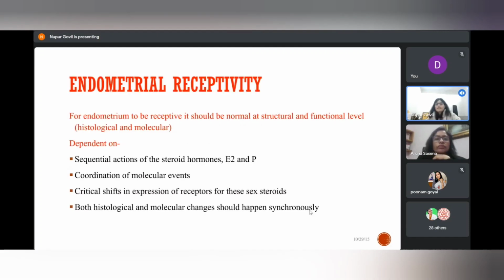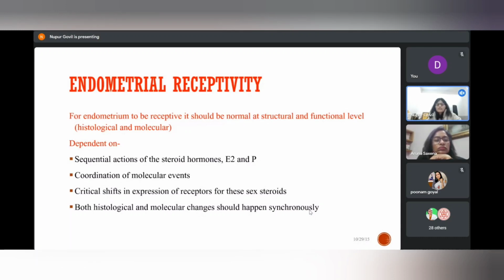So the important thing is what actually decides receptivity. For an endometrium to be receptive, it should be normal at the structural level and also normal at the functional level. And what decides the structure and the function? There are certain histological and molecular markers which have to work together in a coordinated fashion to give it a normal structure and function.